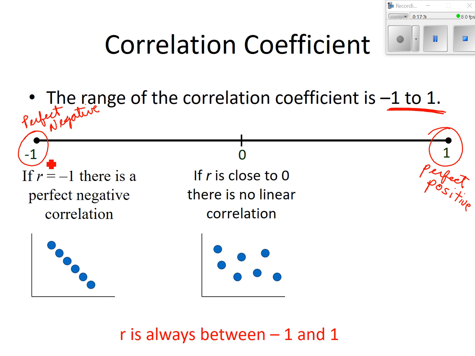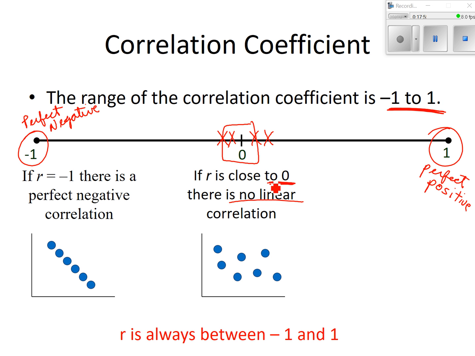If it's close to 0, so if your R falls somewhere in here, and we'll talk more about that range, then there's very little or no correlation. If it's exactly 0, then there's no correlation.